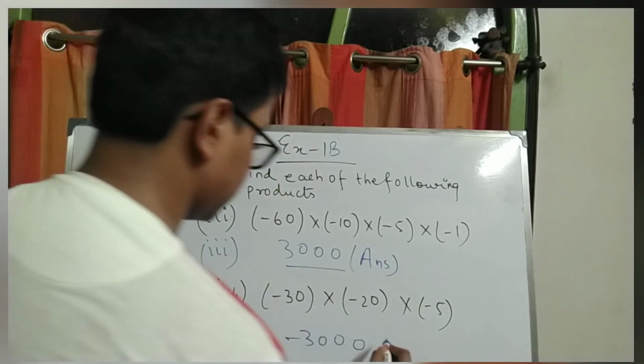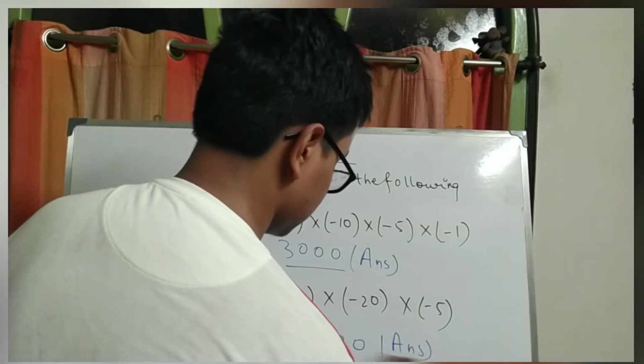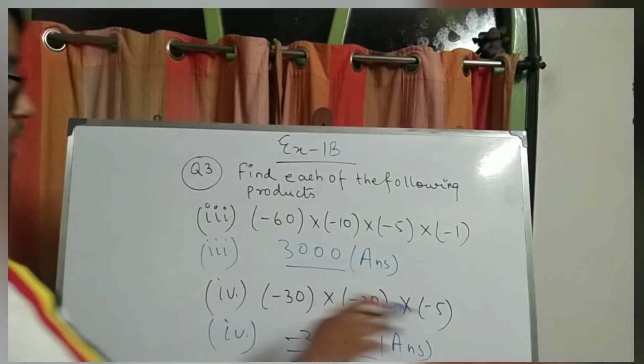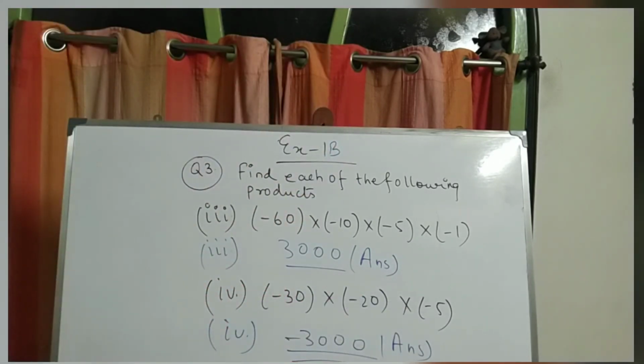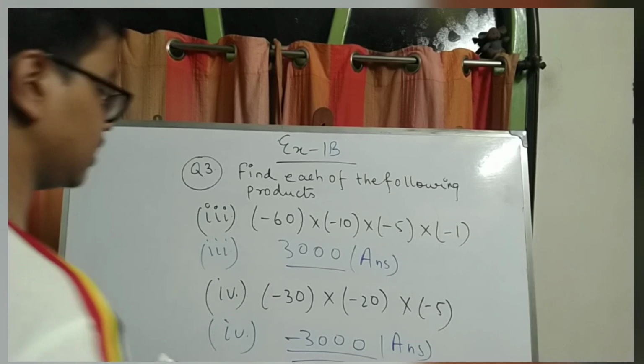Minus minus plus, and it will be minus 3000. Because here only 3 numbers are there, so this is odd. 3 is an odd number, so it will be minus, and there 4 numbers were there, so 4 is even, so it will be plus. It is an even number.